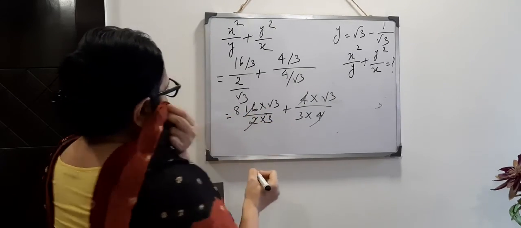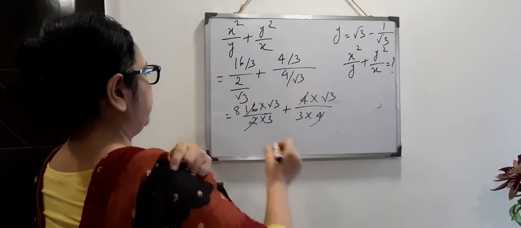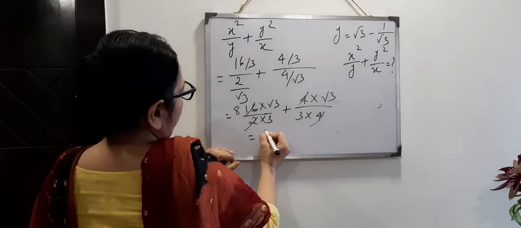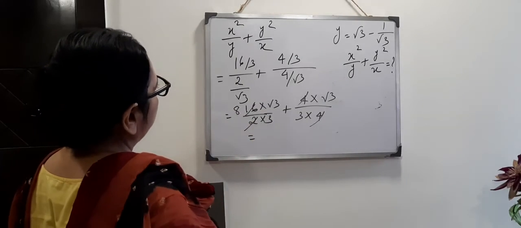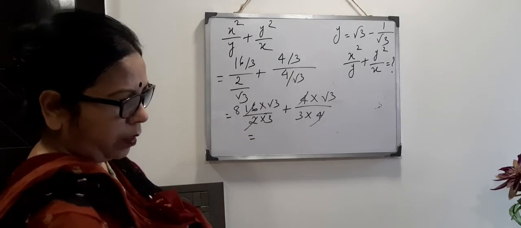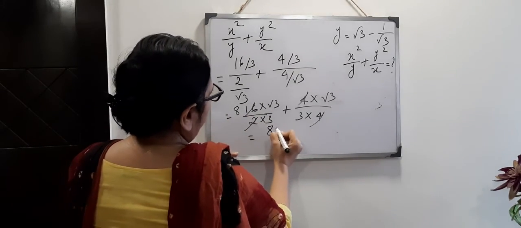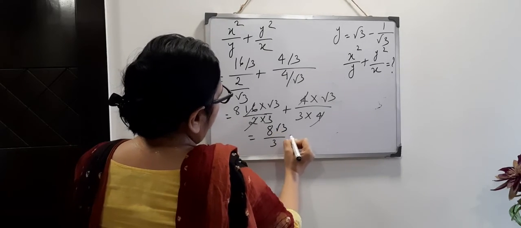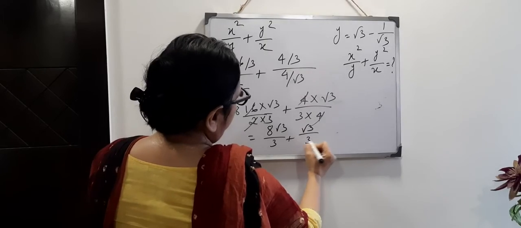And here 3 is there. So you can write 8 root 3, 3 is in the denominator, no? No problem. Here we are writing 8 root 3 by 3 plus here root 3 by 3.